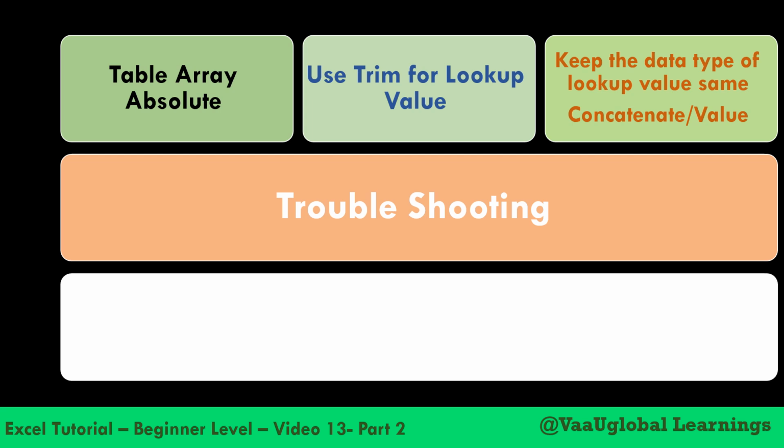Use the TRIM function to remove the spaces. Number three, keep the data type of your lookup value the same in both the columns where you are matching, in the lookup and in your database. To convert number into text, use concatenate, and to convert text into a number, use the VALUE function.